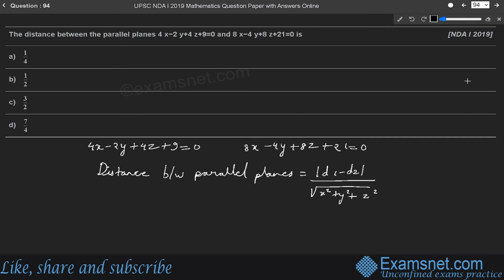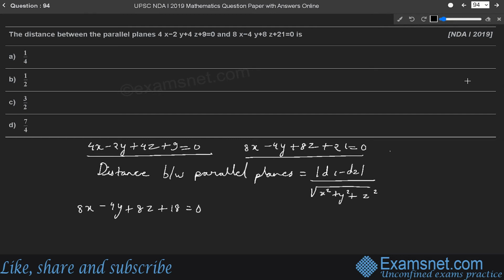Now, in the first equation, if we multiply by 2, it will be equals to 8x minus 4y plus 8z plus 18 is equals to 0 and the second equation is already given.